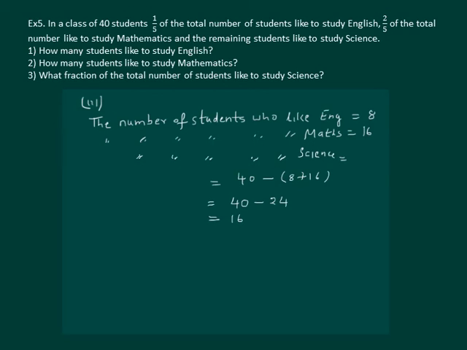So we can say that out of 40 students, only 16 students like to study science. And we can say that the fraction of students who like to study science is equal to 16 by 40.